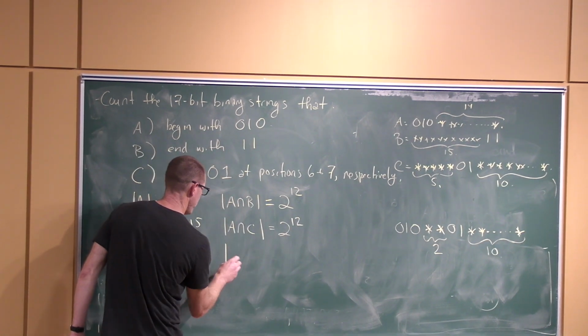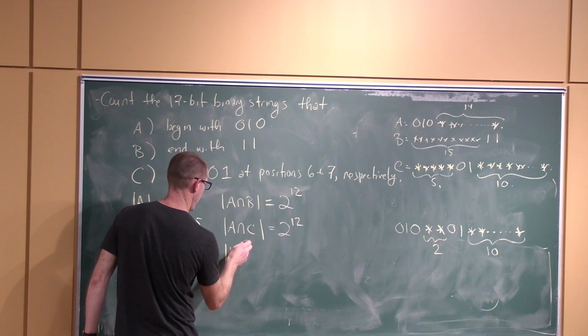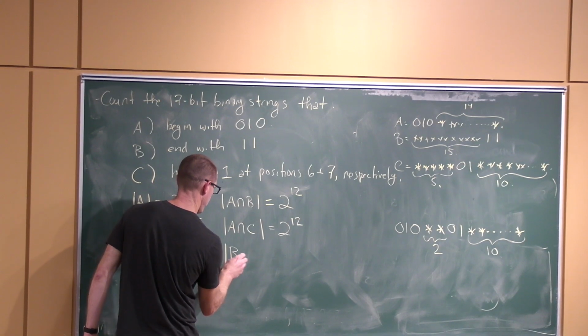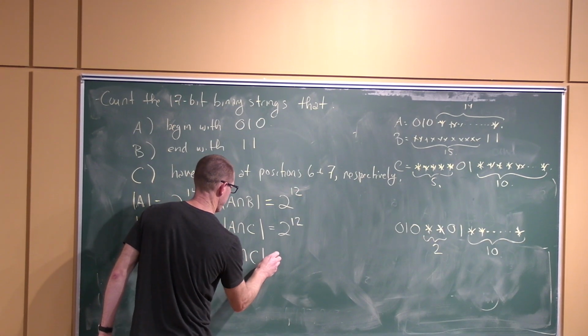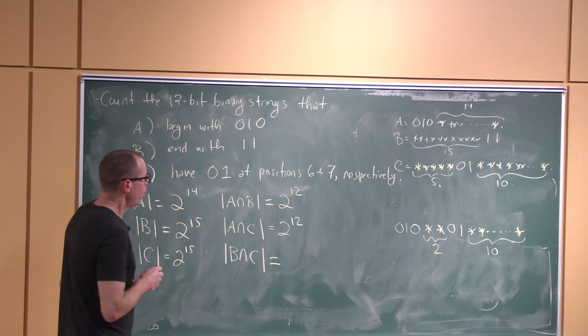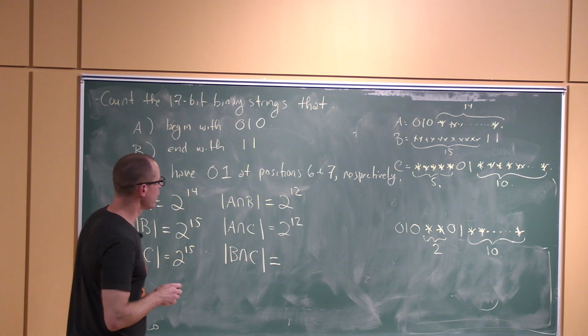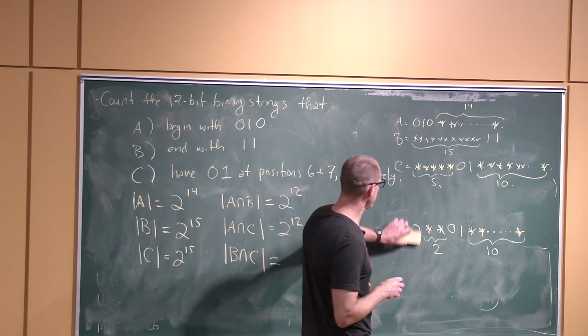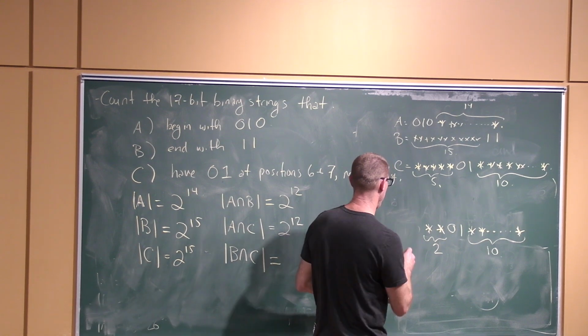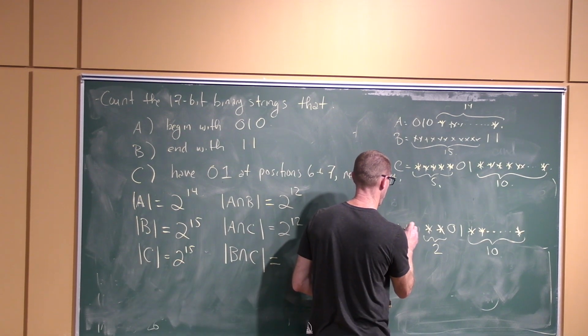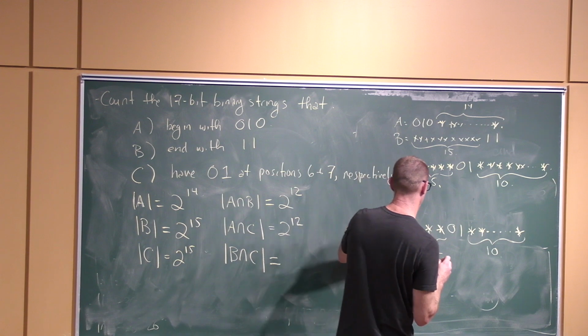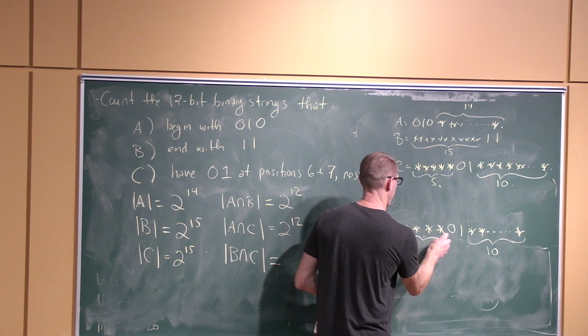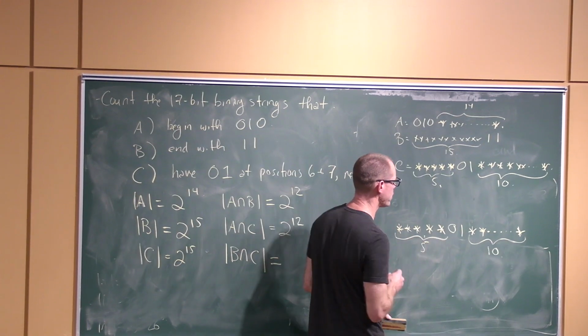And I also need to know the size of B intersect C. What does B intersect C look like? Well, B intersect C looks like this. Five free choices.